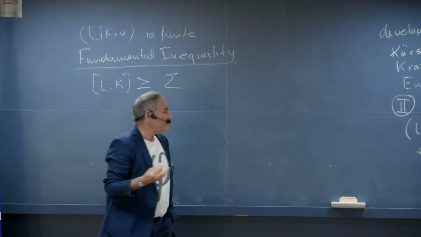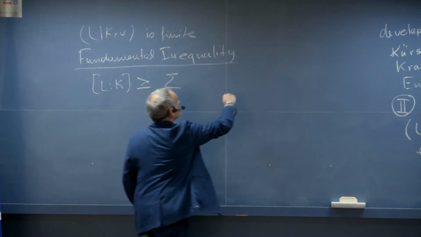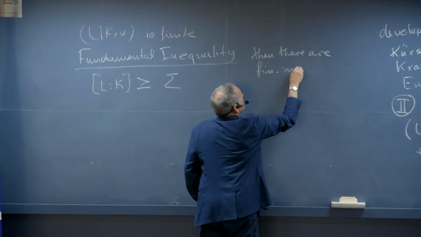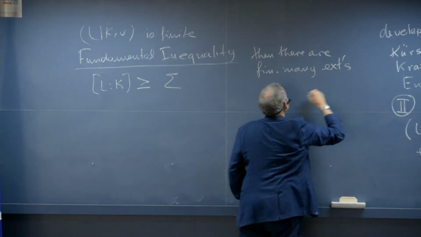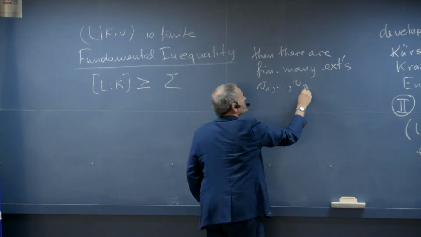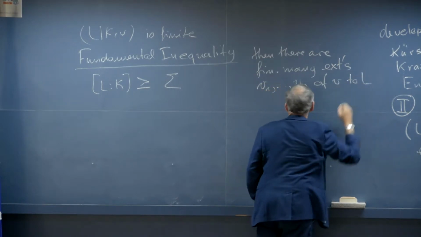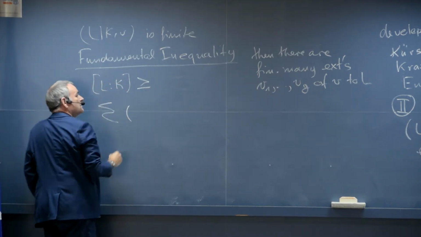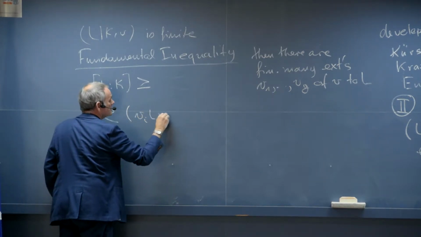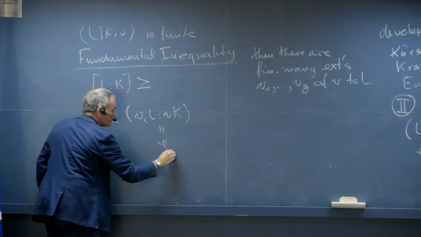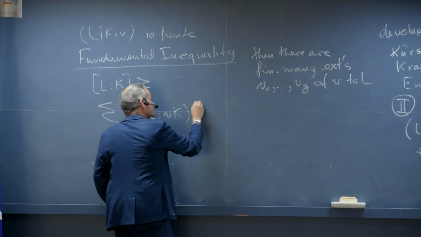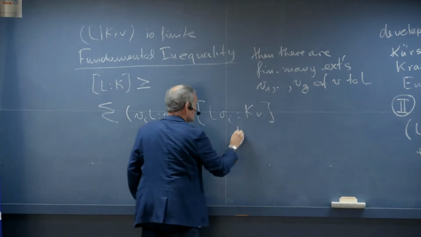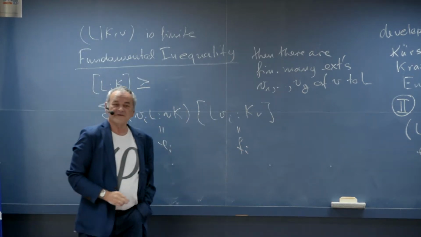Now if you have a finite extension of fields, I should have said that before, then there are finitely many extensions V1 to Vg of V to L. And with respect to these, I have the sum over Vi(L)/Vi(K), the so-called ramification index for the ith extension, times the degree of the residue field extensions, that's the inertia index. Yeah, and we have this inequality.